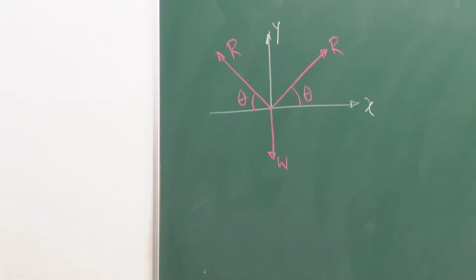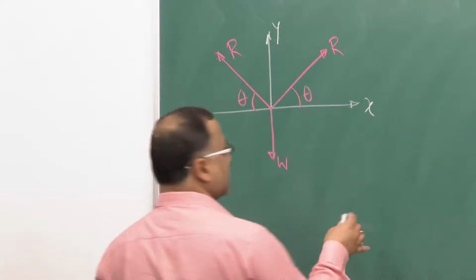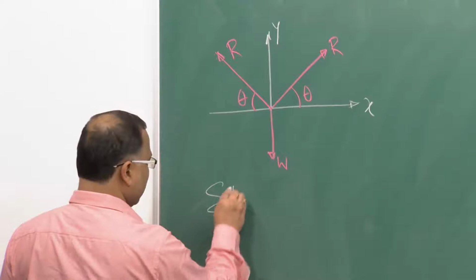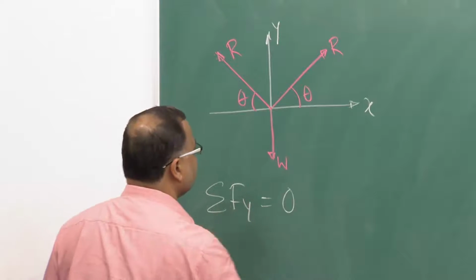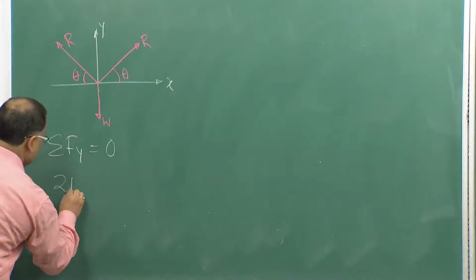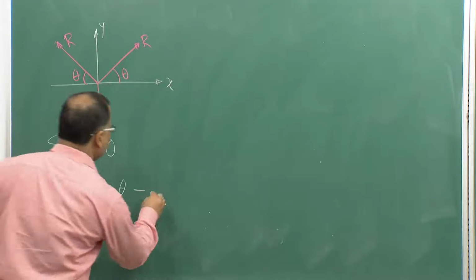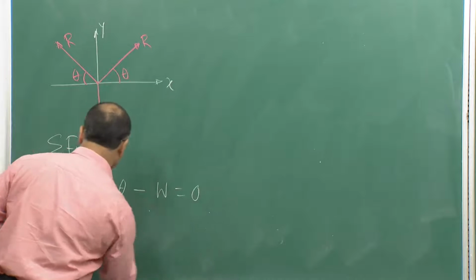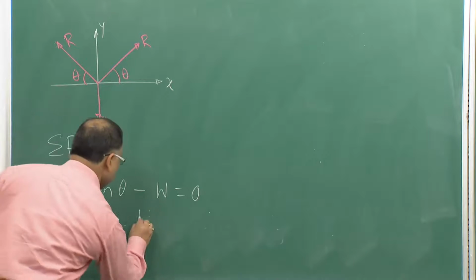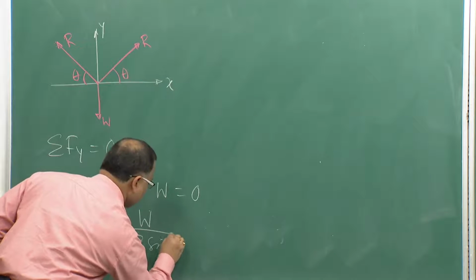Because this is in equilibrium, I can exploit this condition. That gives twice R sin theta minus W equal to 0, from which R equals W by twice sin theta.